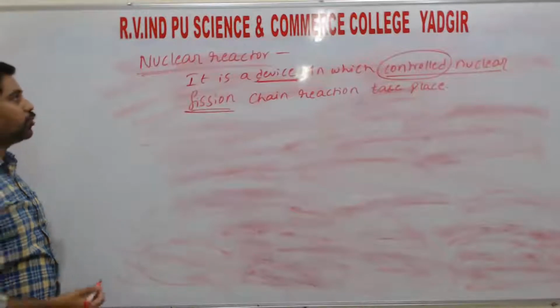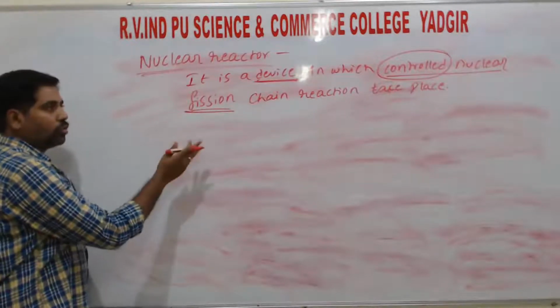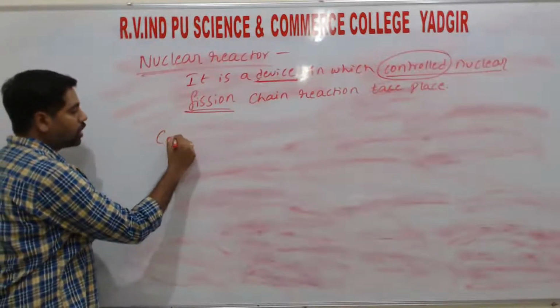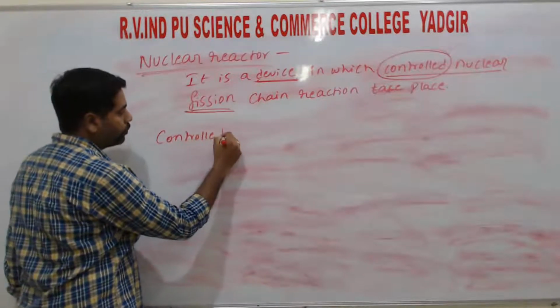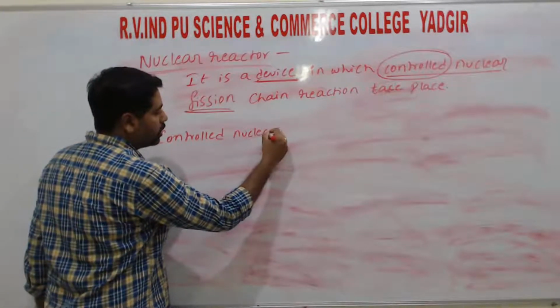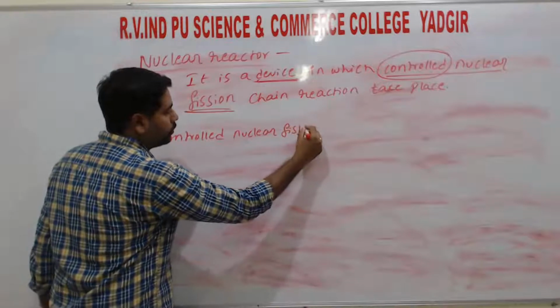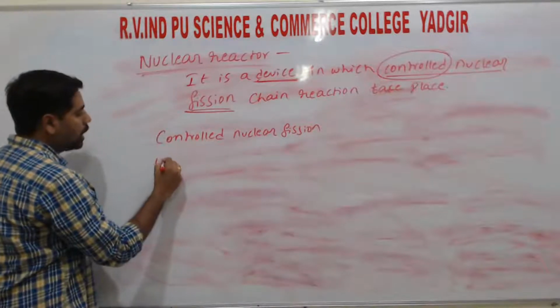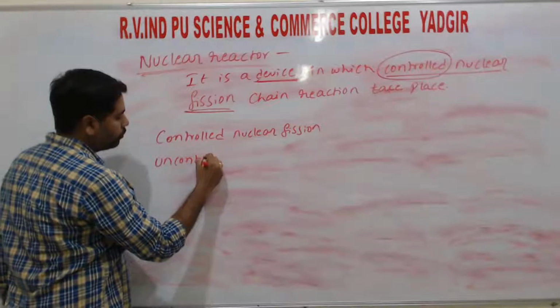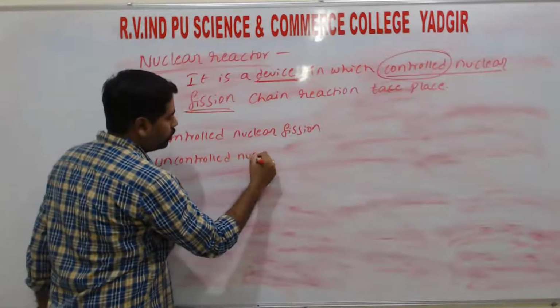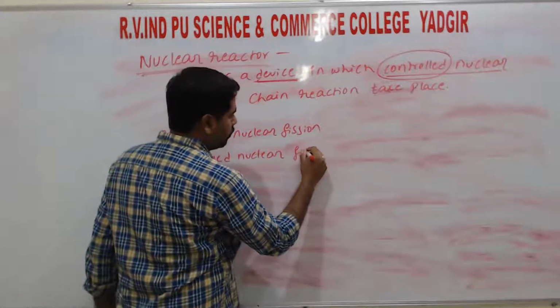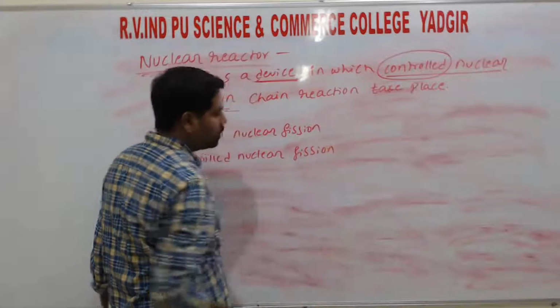In the fission process we have two kinds of reactions: one is controlled nuclear fission and another one is uncontrolled nuclear fission, right?